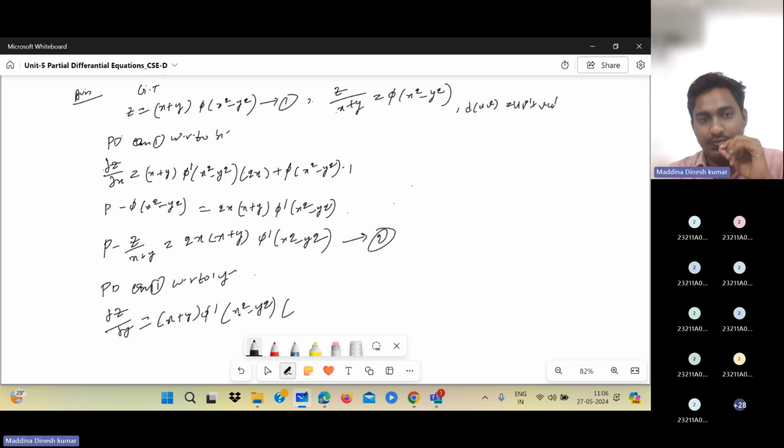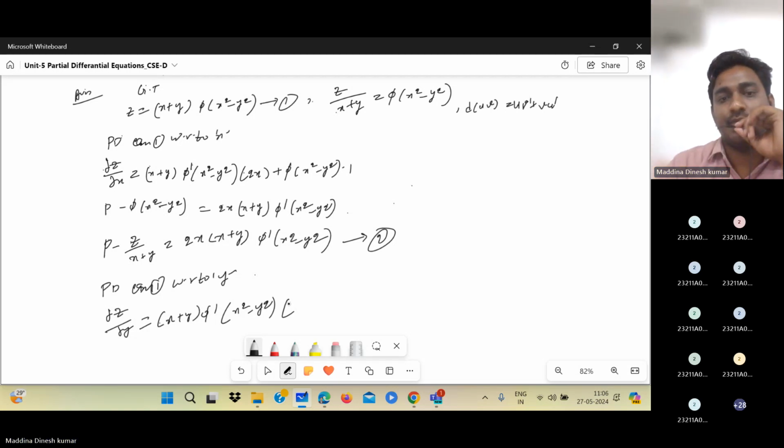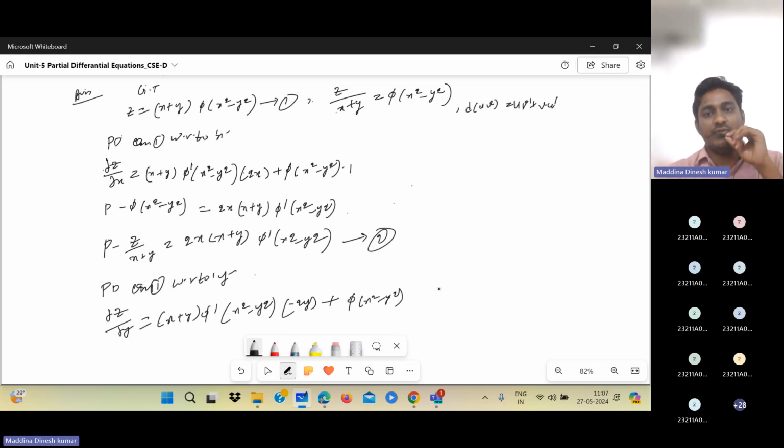This x square will become 0 because we are doing partial differentiation with respect to y. So this minus y square will give minus 2y, plus pi of x square minus y square, and this x plus y will become 1. Okay.